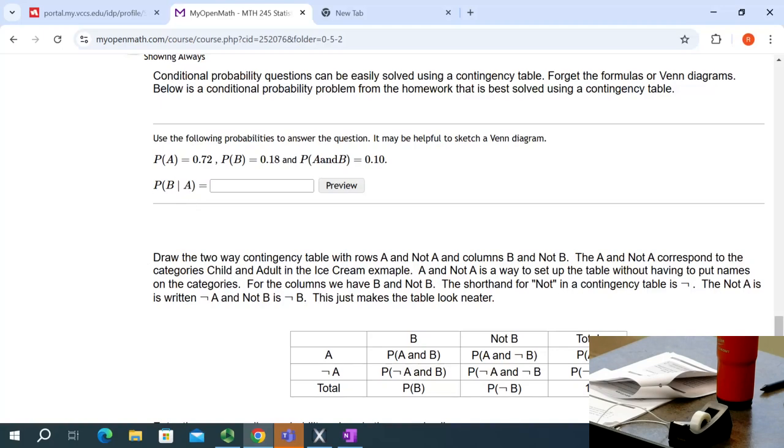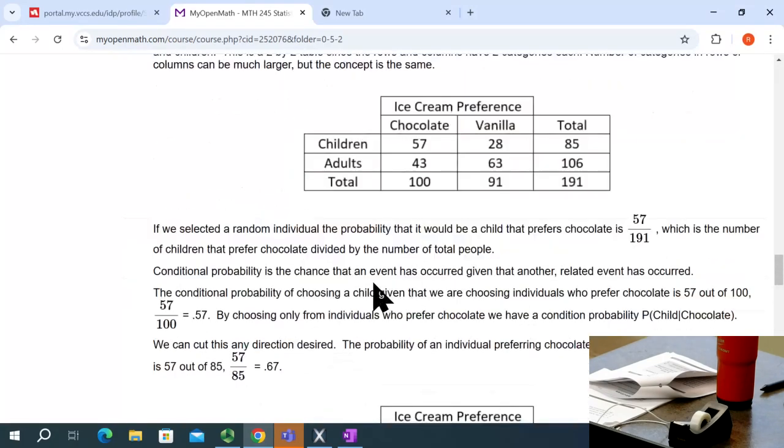Okay, that's contingency tables. And 'or' means add, and 'and' means multiply. That covers the works. Right, and that's it. That's probability, or all you're going to hear from me.